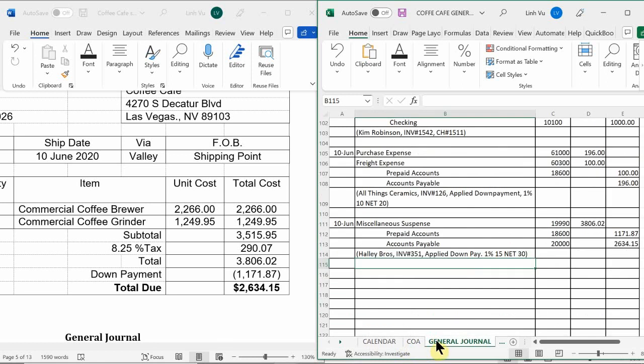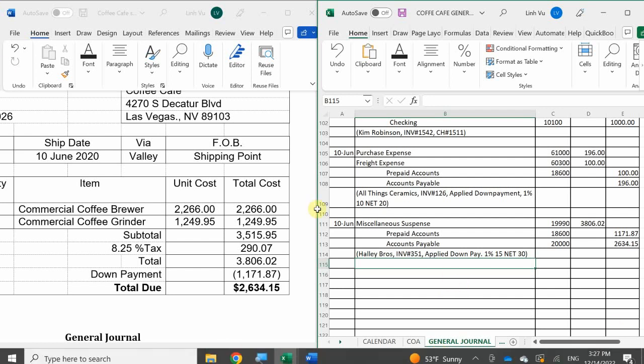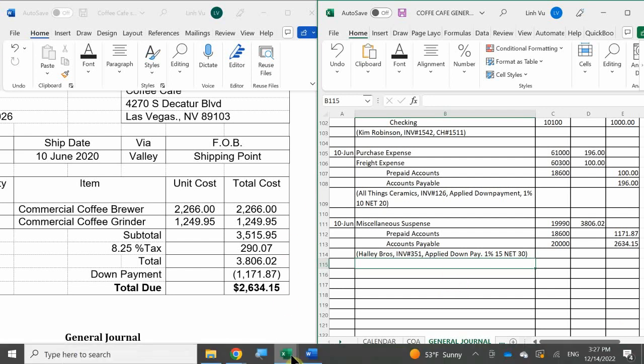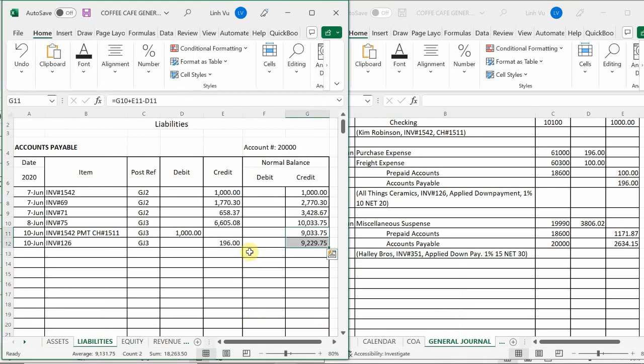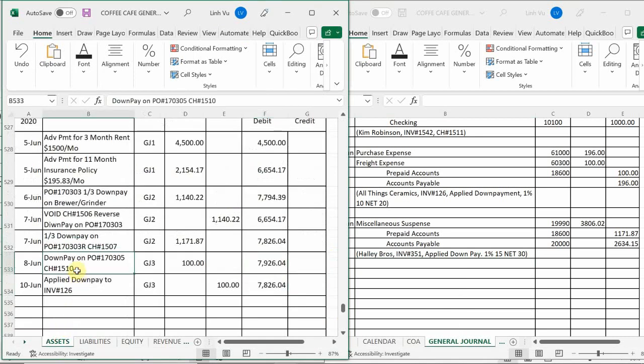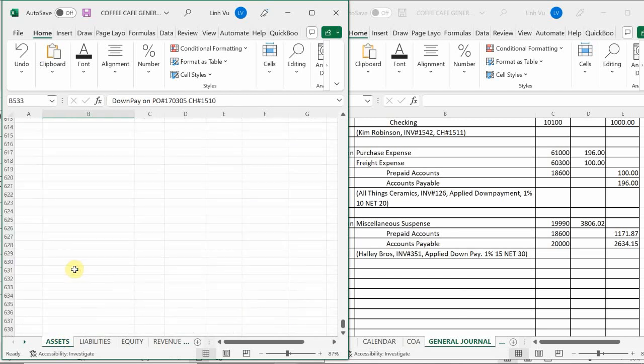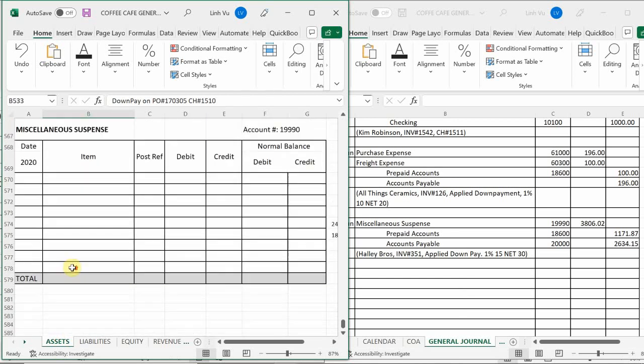Okay. So now that I have this, let's go ahead and plug it into my ledger. Starting with the first one here is miscellaneous suspense. That's the first thing I'm going to do: put everything into my miscellaneous suspense account.